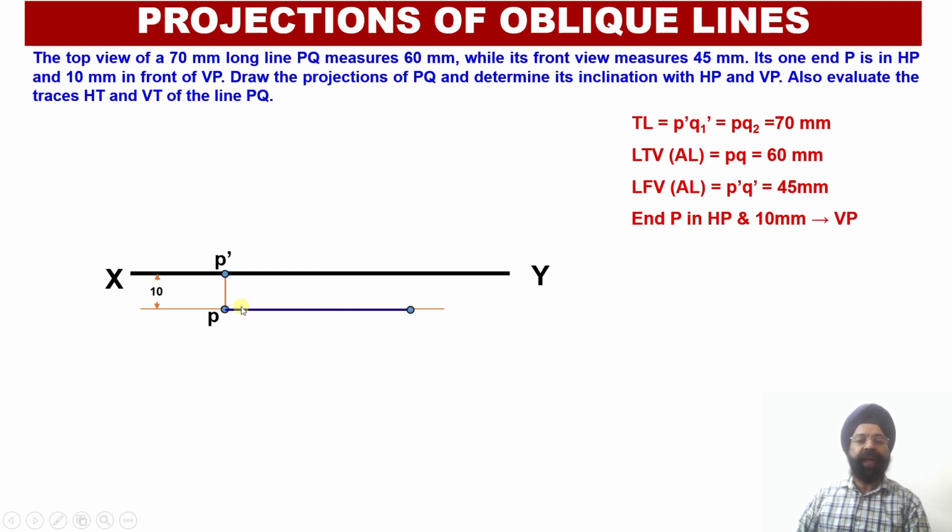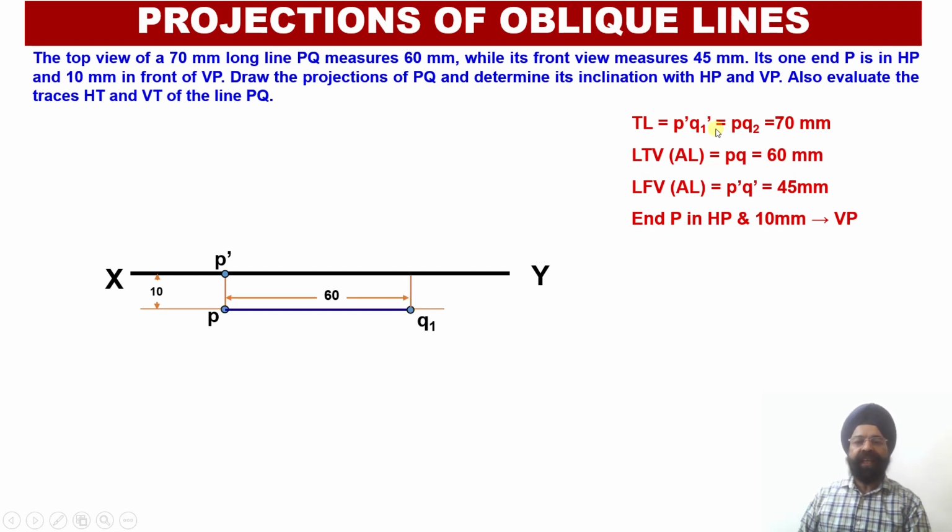So here the measurement is available with us, that is PQ. Now once we rotate this PQ, Q will be available over here, so that the plan projection line is parallel to the vertical plane.